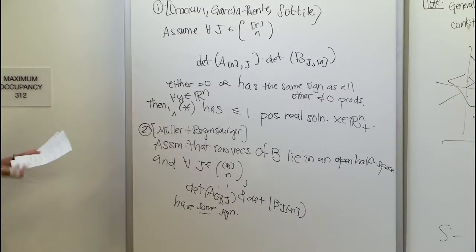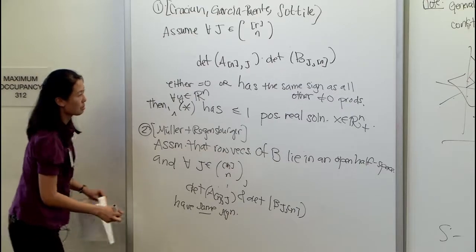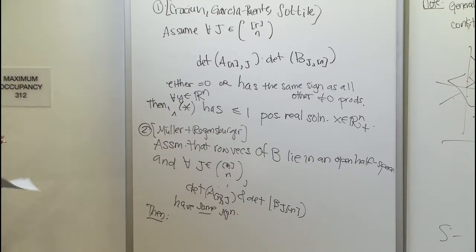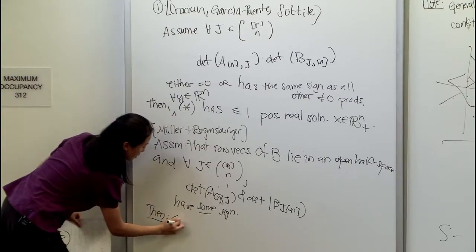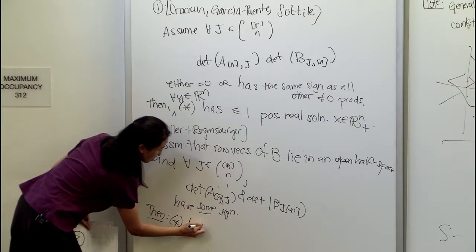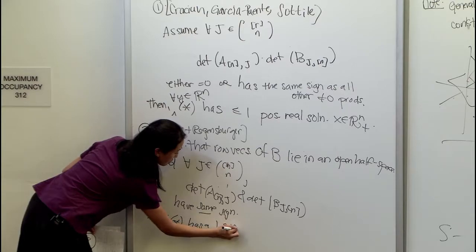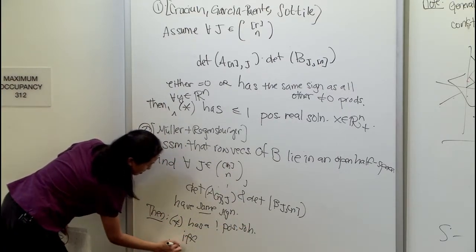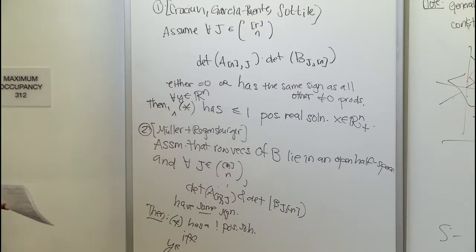In this setting, I can tell you exactly which of the y's actually have a unique solution. Then star has a unique positive solution if and only if y is in a certain polyhedral cone.